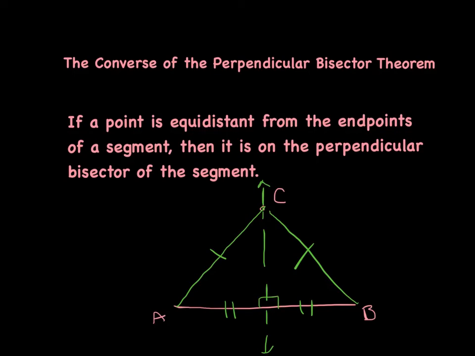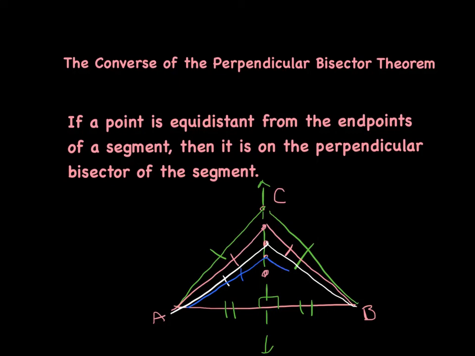And this works for any point C on the line there. I could put my C anywhere on that line, and anywhere we would end up with these things being equal distance so long as they are truly on the perpendicular bisector.